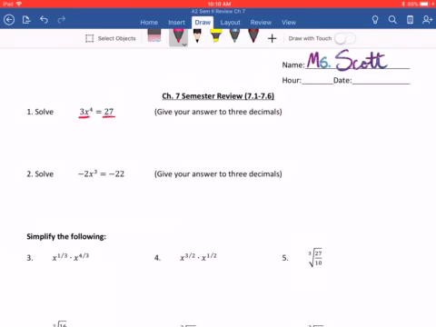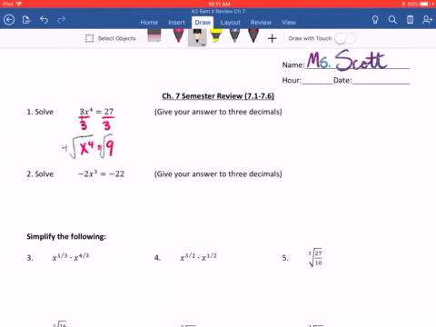First thing we want to do is actually get the x to the power of 4 all by itself. So we'll divide by 3. Those are going to cancel, and we're left with x to the power of 4 equals 27 divided by 3, which is 9. Well, now the opposite of taking a power of 4, if you remember, is taking a fourth root.